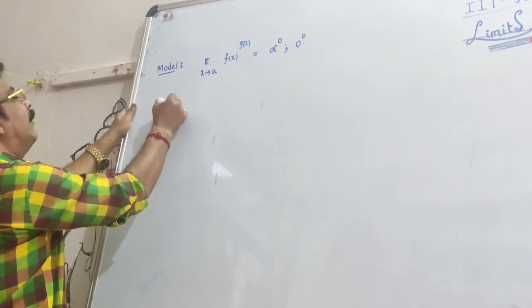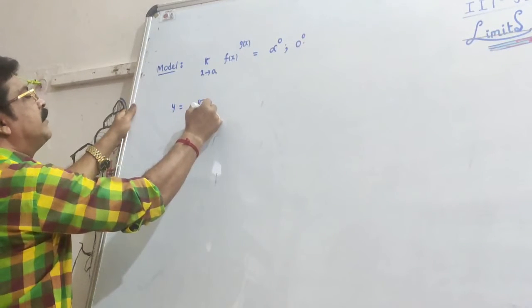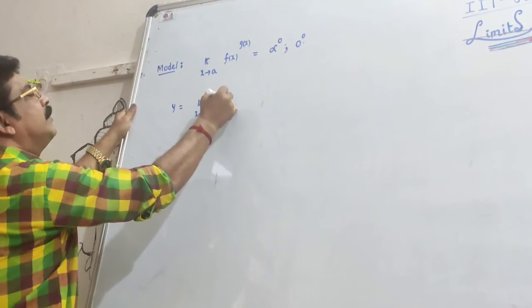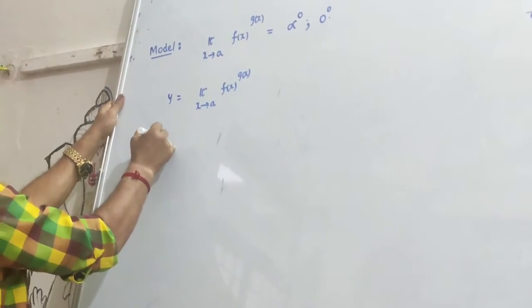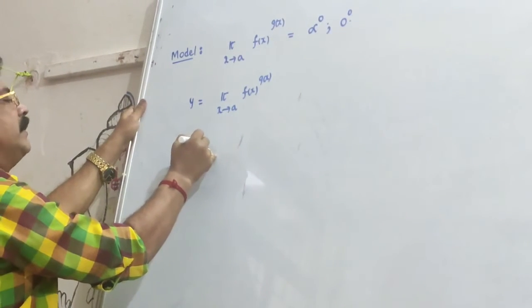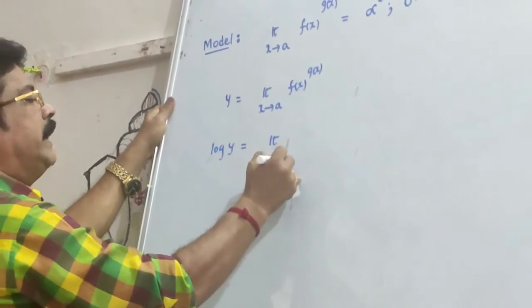So we let y is equal to limit, given question, limit x tends to a f of x whole to the power of g of x. Now applying log on both sides, log y is equal to limit x tends to a.